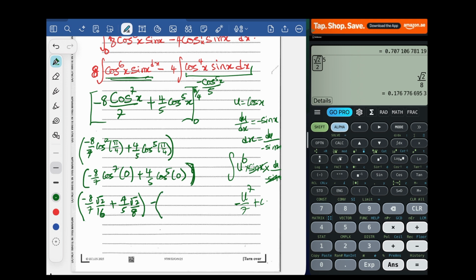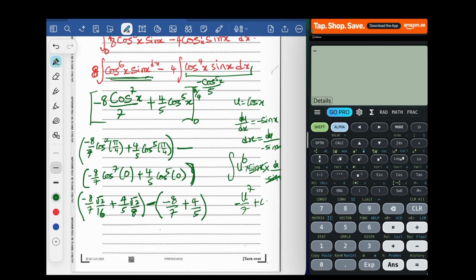So remember, we are minusing with that. So cos 0 is 1, so this will be minus 8 over 7 plus 4 over 5. So from here, all we need to do is calculator-type terms. So we can just press our calculator, minus 8 by 7. If you have time, you can simplify and see.